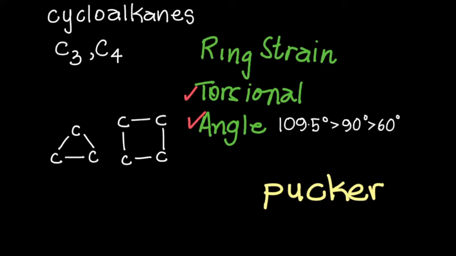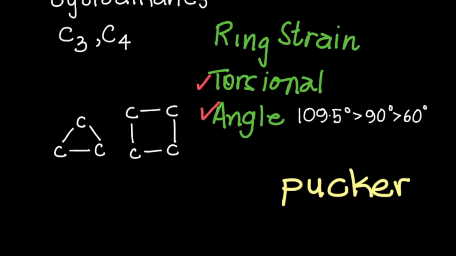Another type of conformational difference that can exist among molecules occurs because of ring strain and the torsion that is caused by 4 carbons or 3 carbons going into this type of ring structure, where the typical bond angle of 109.5 degrees that you find in CH4 methane is forced to become 90 degrees in C4 and 60 degrees in C3.